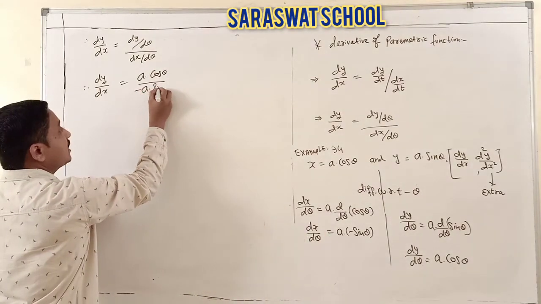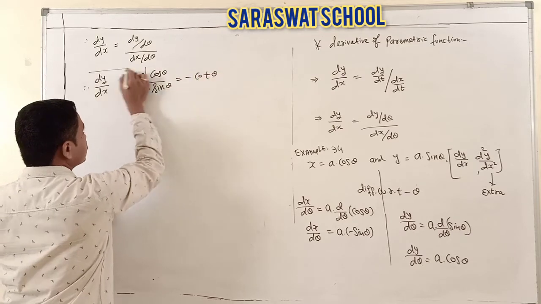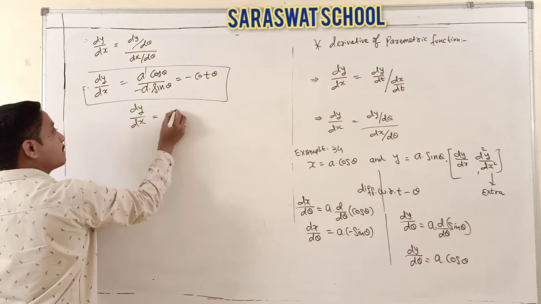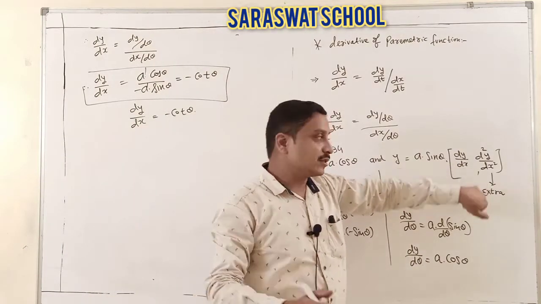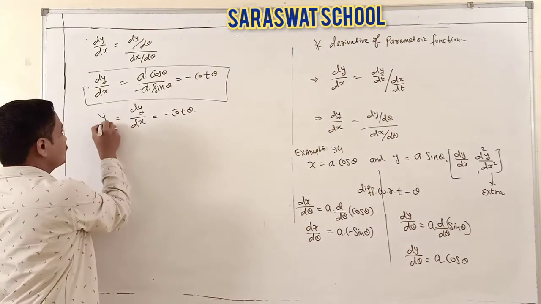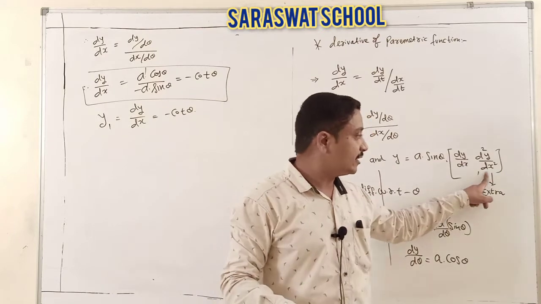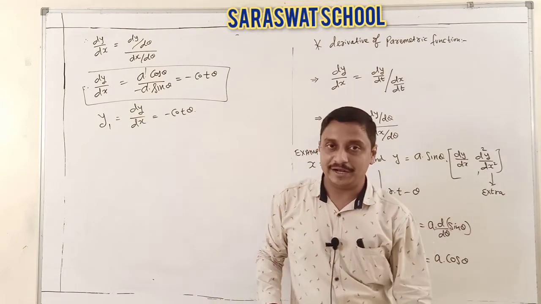Minus a sin theta. This cancels, giving minus cot theta. Students, here our textbook solution is over. In the textbook the question asks only dy by dx, which is the first order derivative, y1. Now I am explaining y2, the second order derivative.